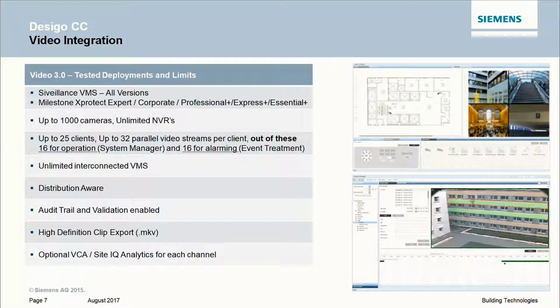So if we talk about 3.0, we released basically the current video solution with 2.0 and extended this step by step. In 3.0, we did several parts. First one, we support a new set of VMS versions. Clearly, video management systems have a release cycle of 3 months.